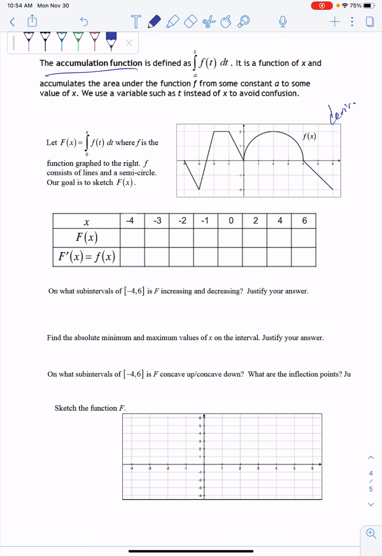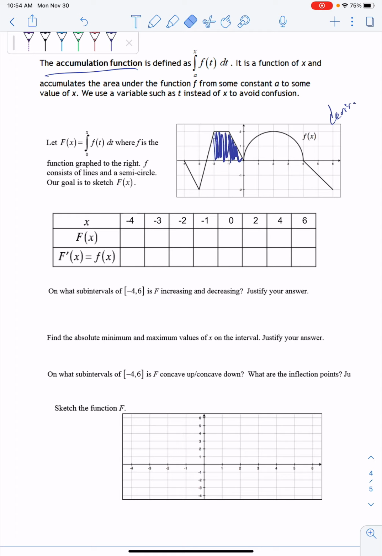So basically, big F represents the total amount between 0 and whatever x value we pick. So if I pick -1, it wants me to accumulate that area. If I'm going from 0 to -2, I'm accumulating this area.